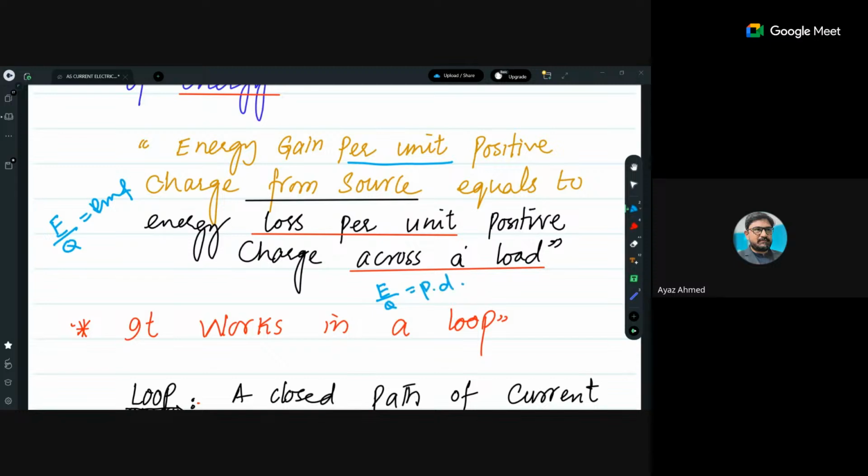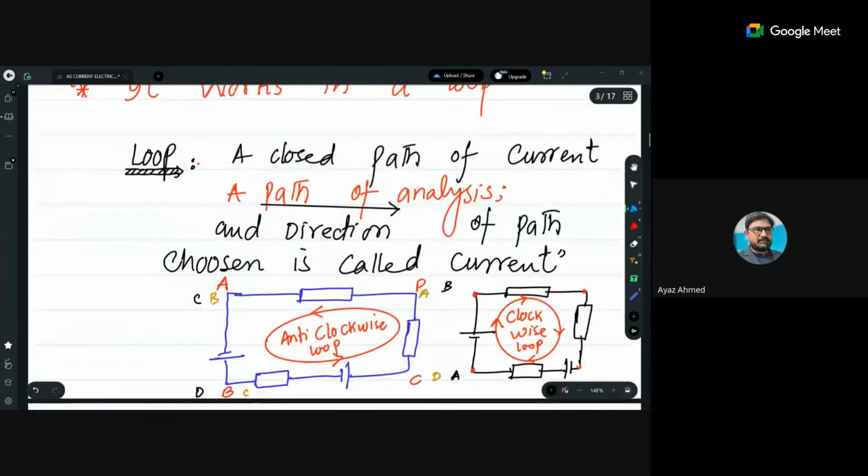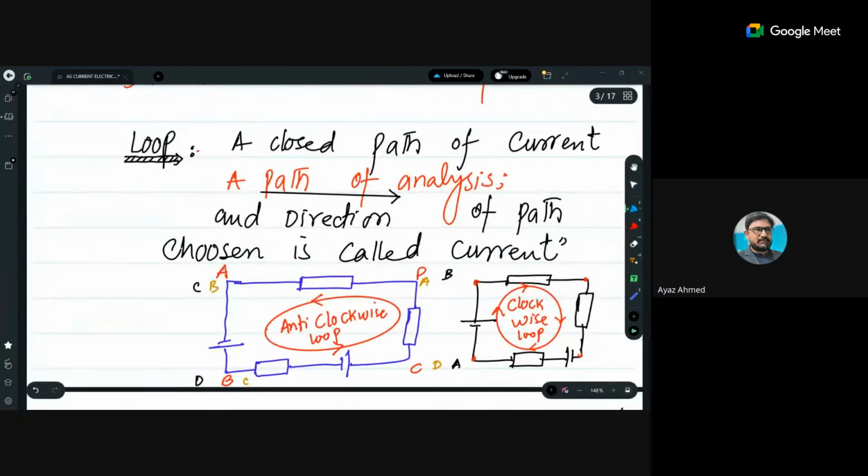So we have to take care of these two points, that potential difference and EMF are two important characters here. It works in the loop, and the loop is the path of the current in which the circuit is completed.